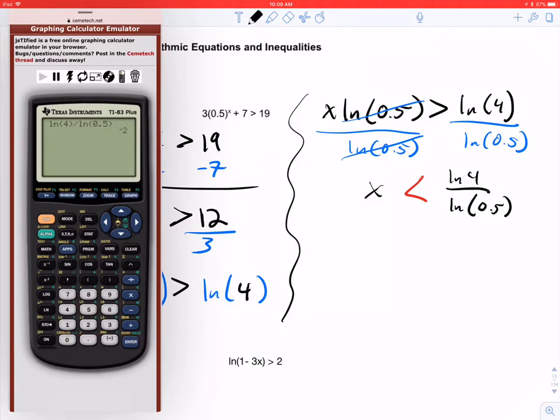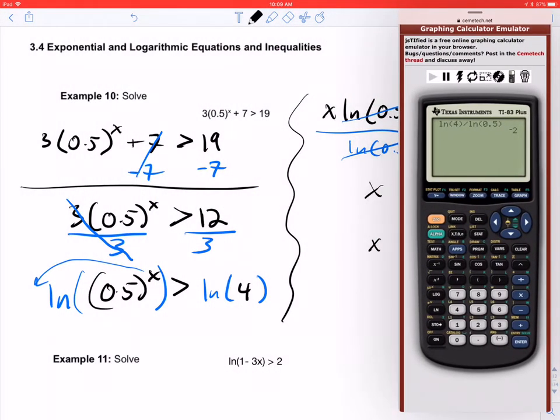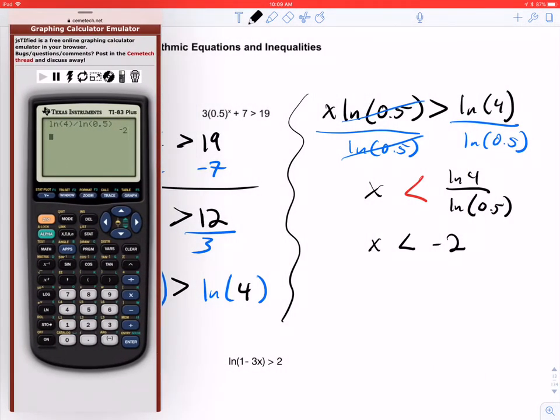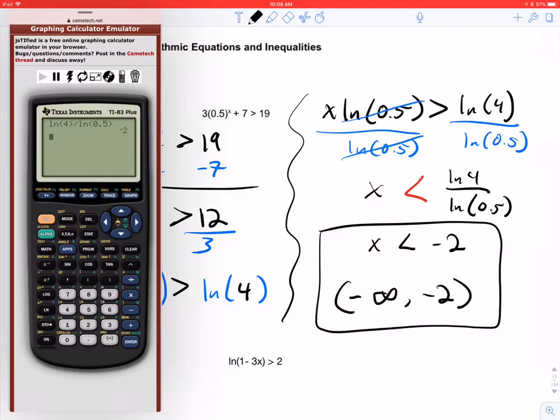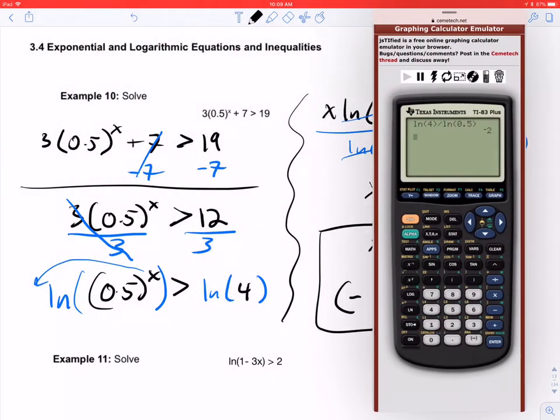And we get negative 2. Okay? So then x is strictly less than negative 2. In interval notation, we're basically saying anything from negative infinity up to negative 2 in parentheses is going to work. Okay? So we're just going to test a few values in the original.